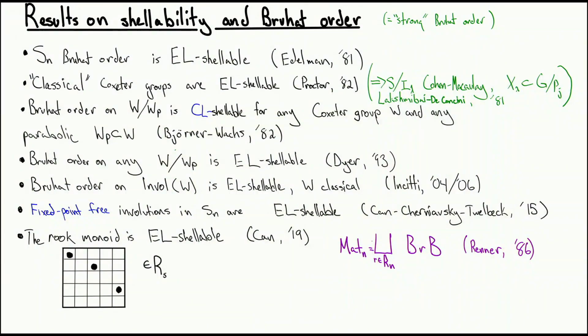All right, so a brief overview of the relationships between shellability and Bruhat order. It was known since, I guess, almost right after Bjorner's paper that the symmetric group Bruhat order is EL shellable, proved by Edelman. Proctor extended this to all classical Coxeter groups. And then shortly thereafter, Bjorner and Wachs introduced a related but slightly different notion called CL shellability, which allowed them to show that any Coxeter group or any quotient of a Coxeter group by a parabolic subgroup gives you a shellable Bruhat order.